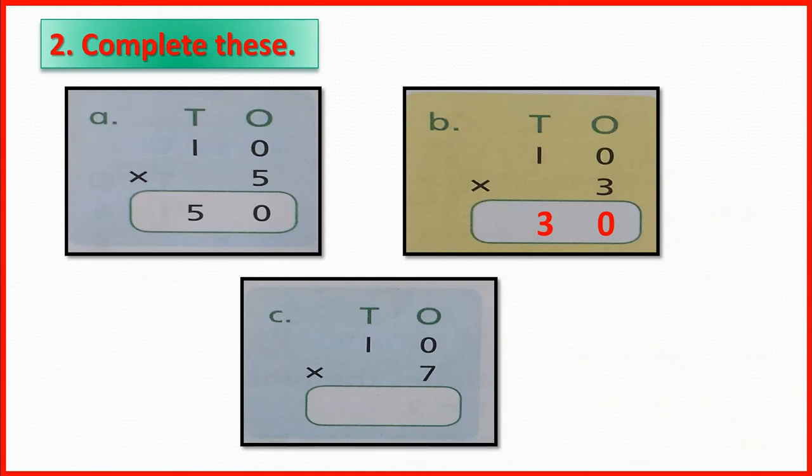Next is 10 multiplied by 7. 7 zeros are 0 and 7 ones are 7. So the answer is 70. 10 sevens are 70.